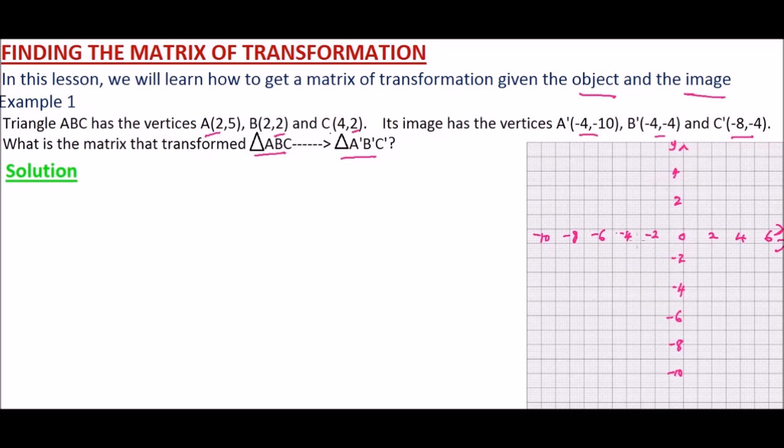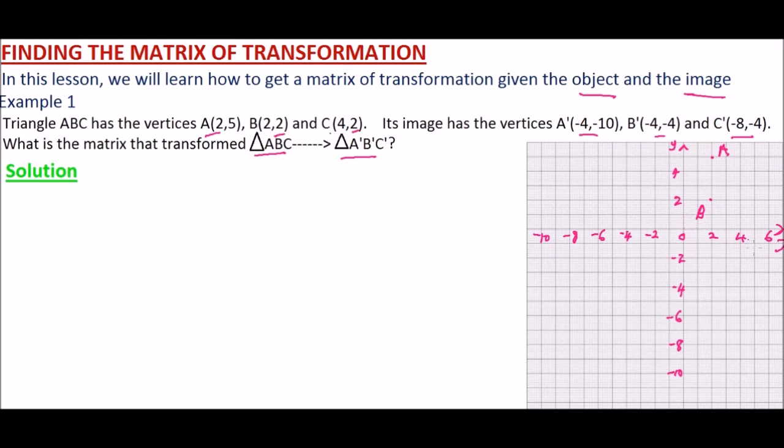Let's start with our object. Our A is (2, 5), so we take 2 there and 5 there, so that is where we have our A. Then we have our B, which is (2, 2), so this is where we have our B, our second point.